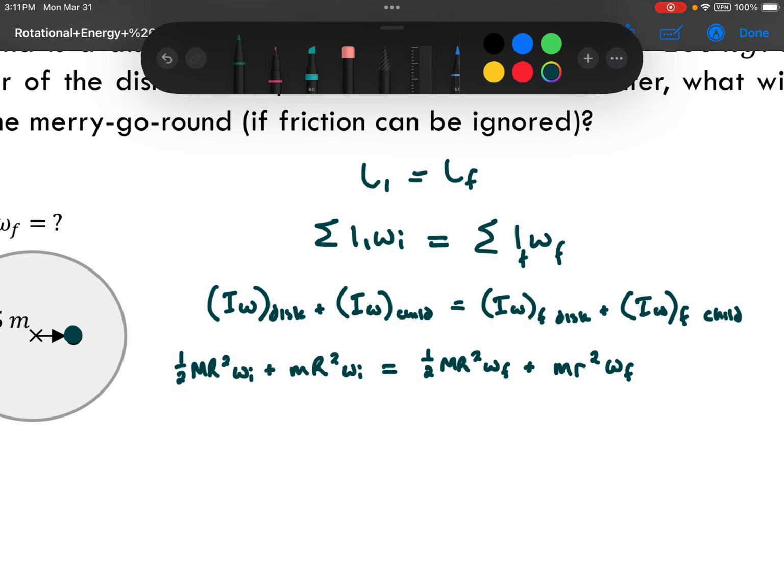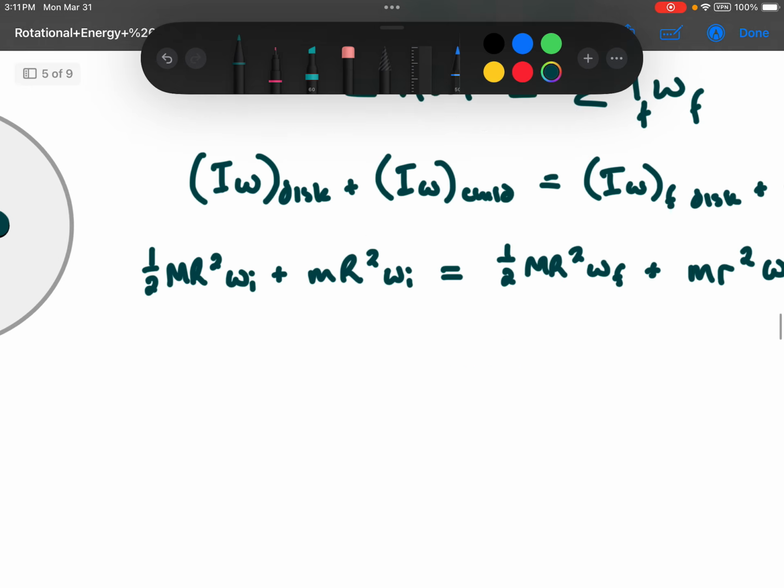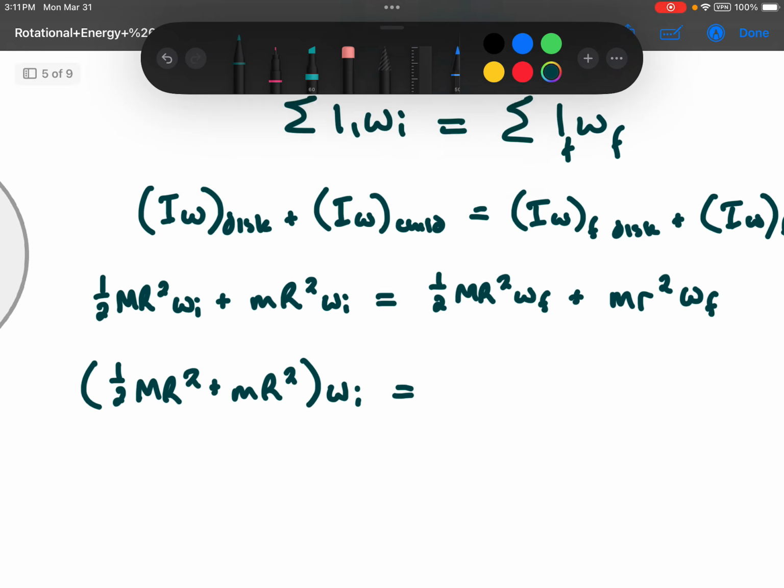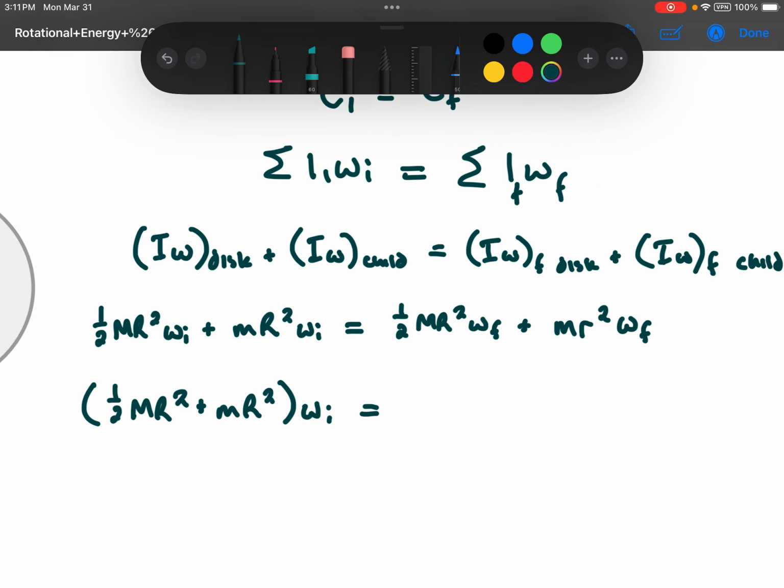Because omega I on the left-hand side in both terms is the same, we can factor that out and clean up our statement. So we'll have 1/2 big M R squared plus little m R squared, times omega I. I'm able to do the same thing on the final side, because again the angular velocity of the child and the merry-go-round is the same.